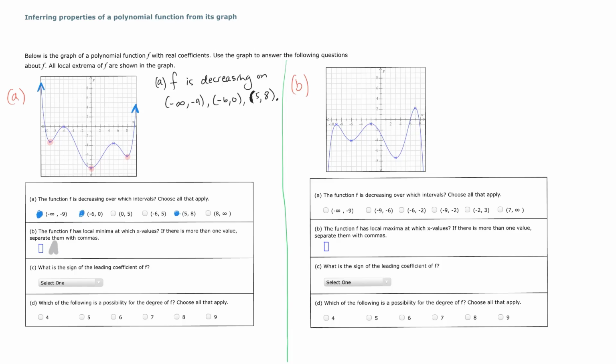Here we go. Let's try this. So at x equals negative 9, x equals 0, and x equals 8, there are local minimums, or local minima.